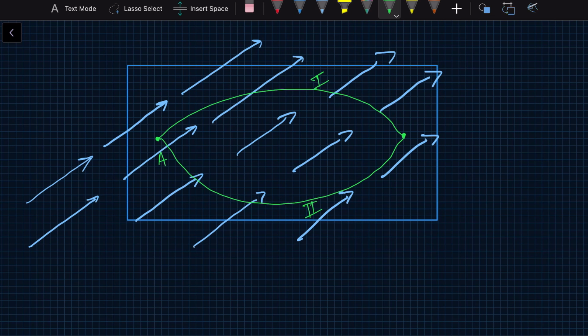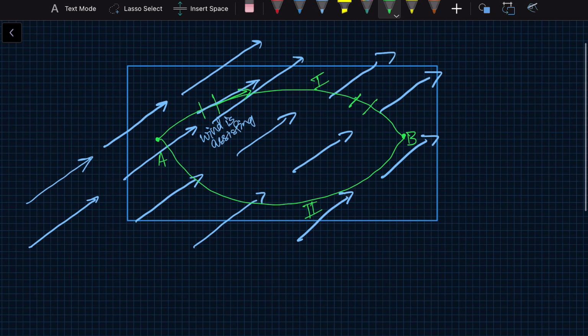Now, if we look carefully enough, we can see that when he goes from A to B using path 1, let's say in this portion, he is going in this direction and the wind is going in this direction. So, the wind is assisting him, and in this portion, he is going in this direction while the wind is going in this direction.